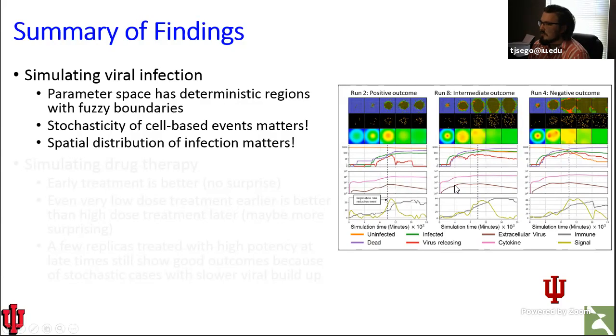And so from this, we conclude that if the number of different cell types is approximately the same, but the total extracellular virus is different, then the primary cause for this is the actual spatial distribution of infection during simulation. So from this, we concluded that stochasticity and spatial effects certainly matter when it comes to local infection for viral infection modeling.